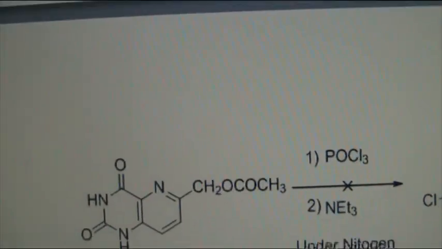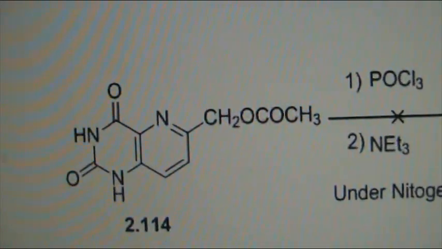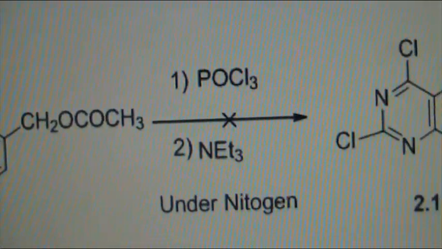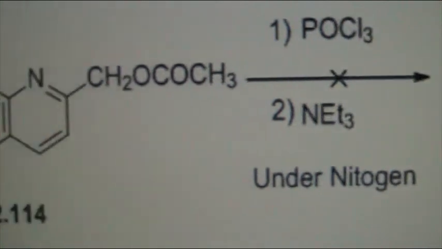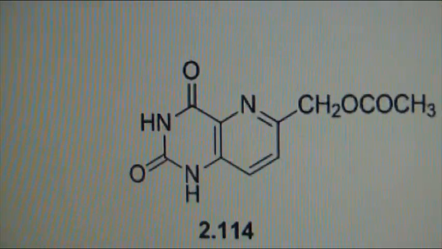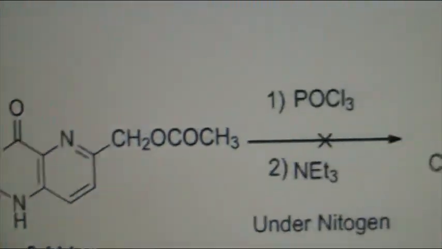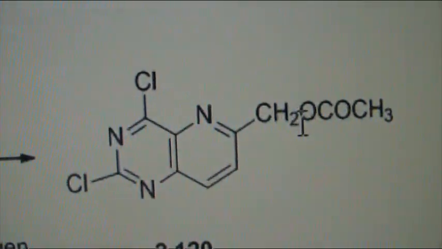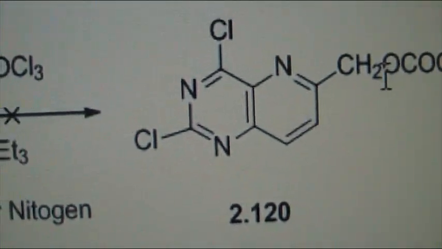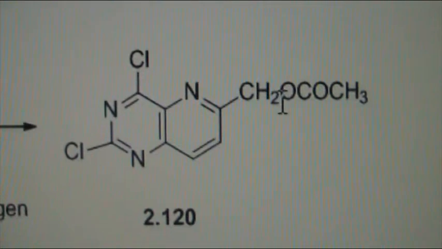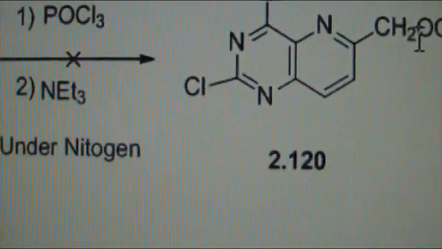Now we did a reaction using POCl3 and triethylamine. We were supposing that we would get the chlorinated product, which was this one, but we didn't get it. We will think about this later.